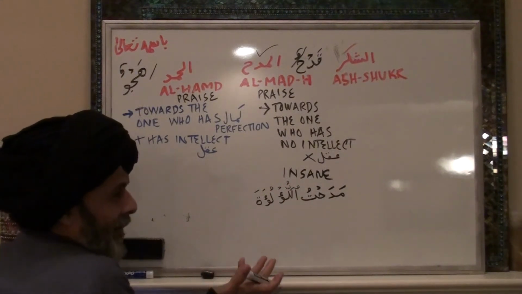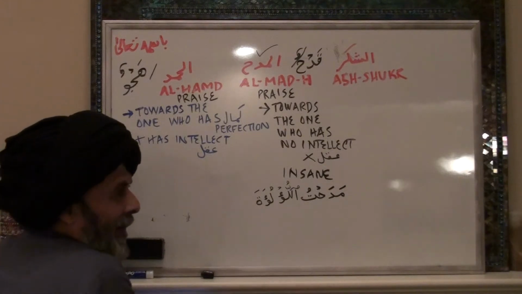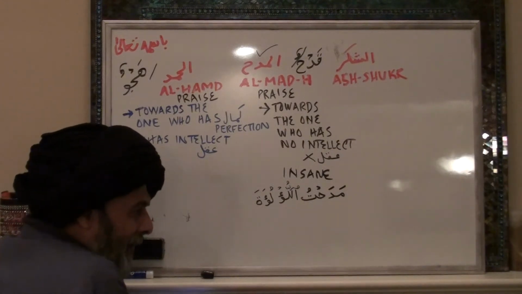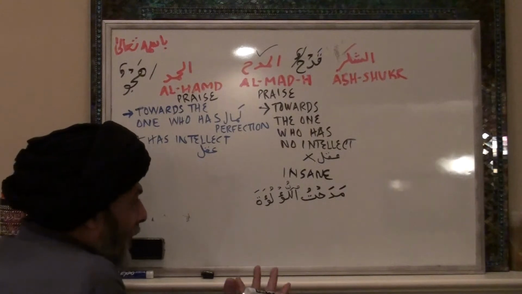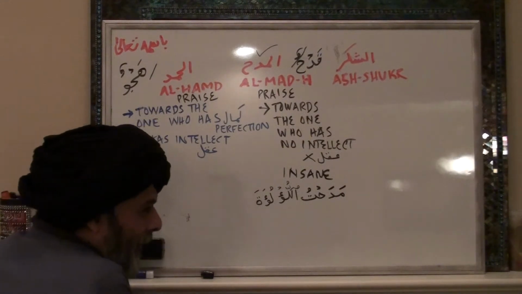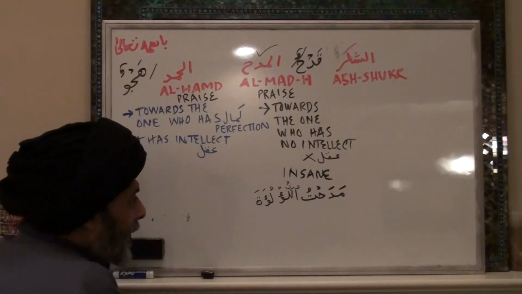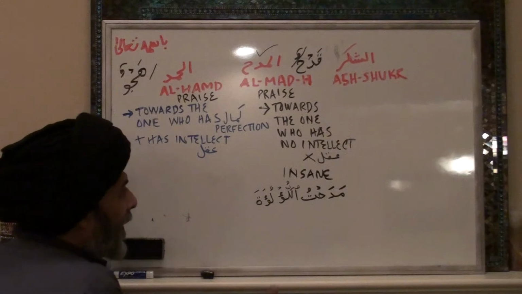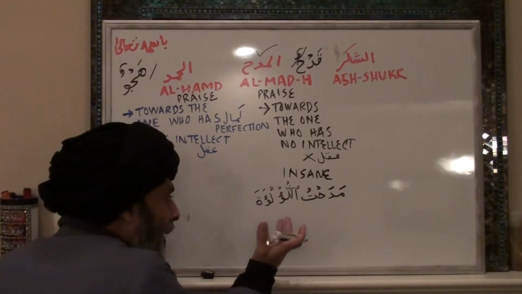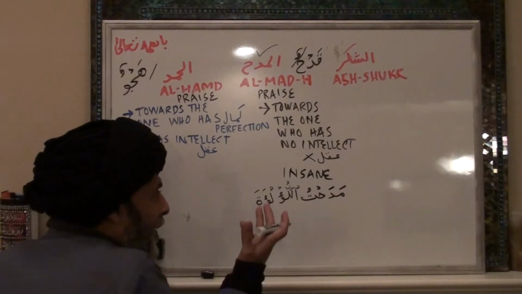A pearl has no intellect. That's how Allah created it, right? It looks nice, glittering, beautiful, appealing. So we praise a pearl. More importantly, a natural pearl, which is more expensive than the artificial ones. So you can use the word madahtul lu'lu'a, I praised the pearl.